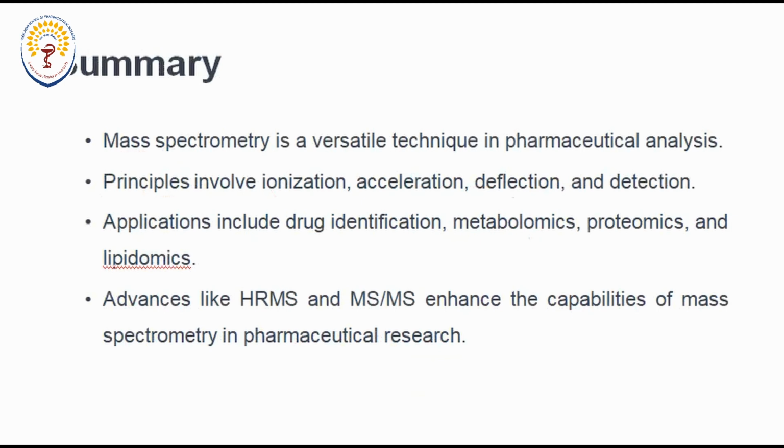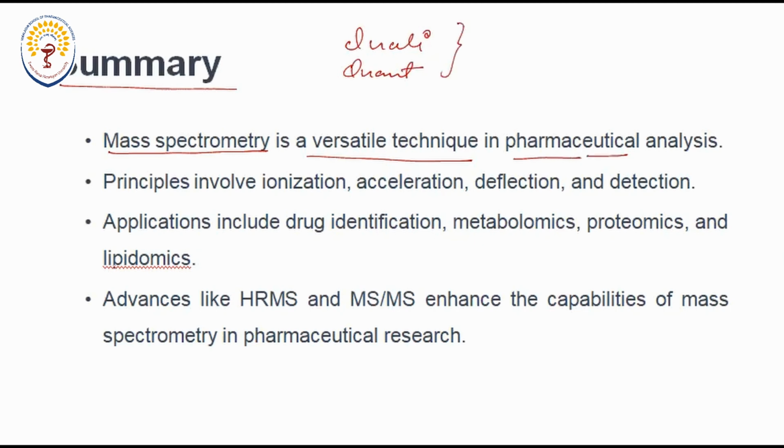Now let us summarize our chapter. The chapter first introduced mass spectrometry. It's a very versatile technique. It can be used for both qualitative and quantitative analysis of pharmaceutical compounds. Obviously, this method is used for detecting the molar mass of a compound, and you can easily understand it by judging the molecular ion peak.